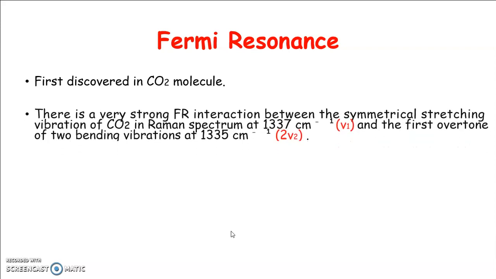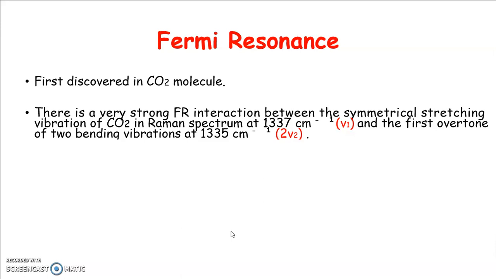In carbon dioxide, four fundamental vibrations are expected. The symmetric stretching vibration is symmetric, so it is IR inactive, but it is Raman active and shows a strong band at 1337 cm inverse. The two bending vibrations absorb at the same frequency, as we already know, 667.3 cm inverse.